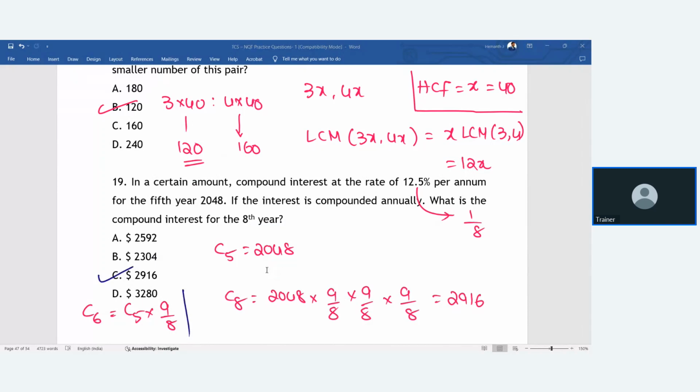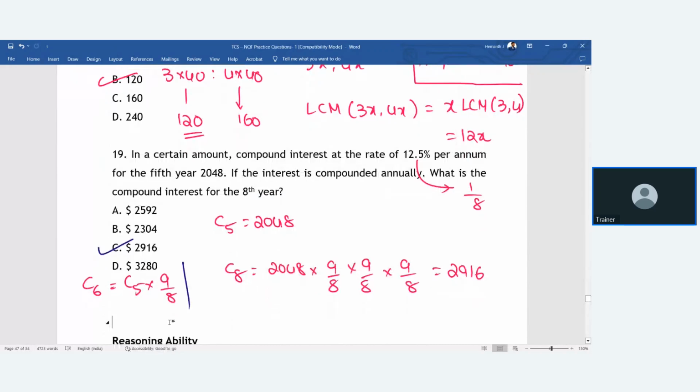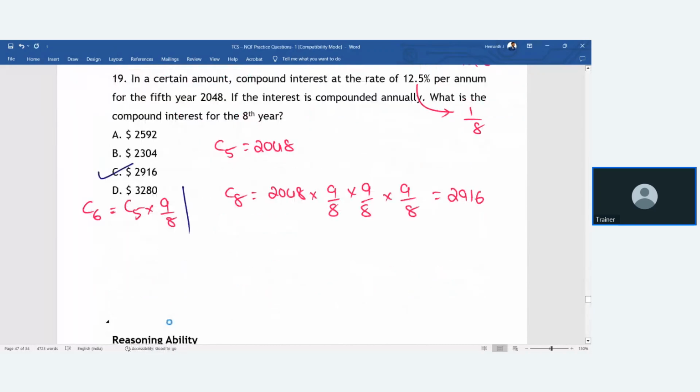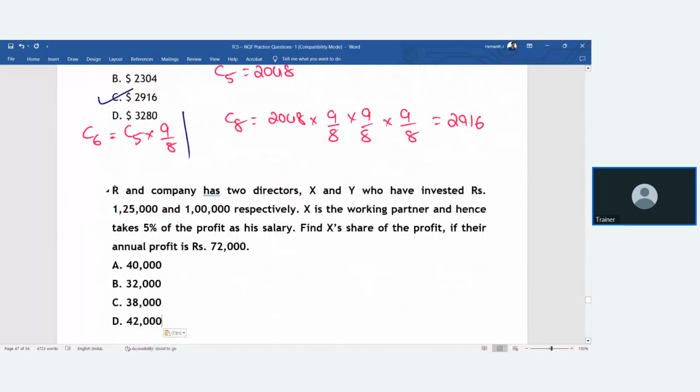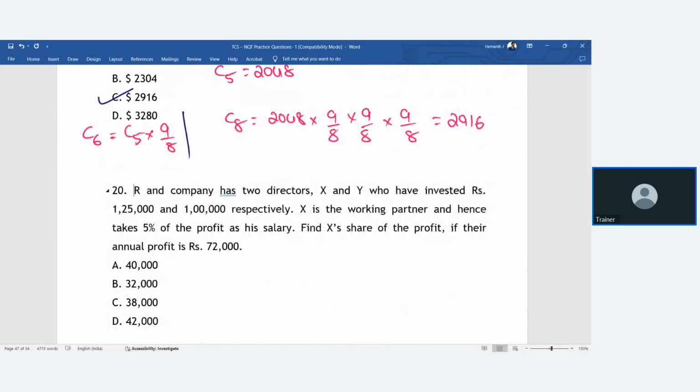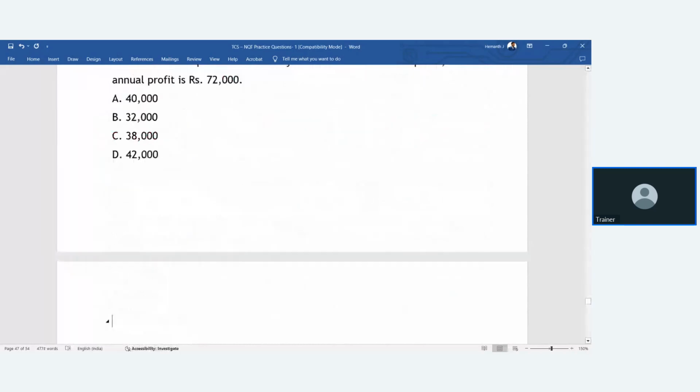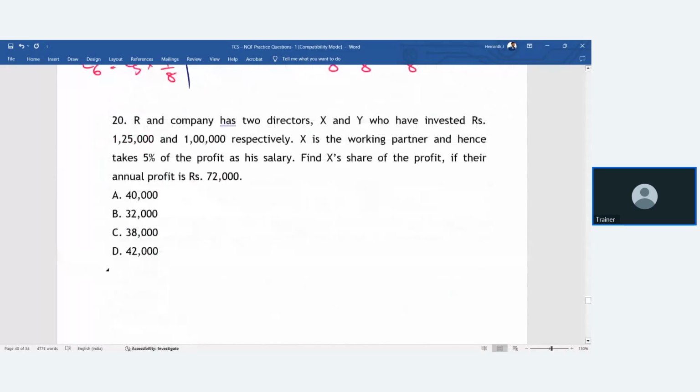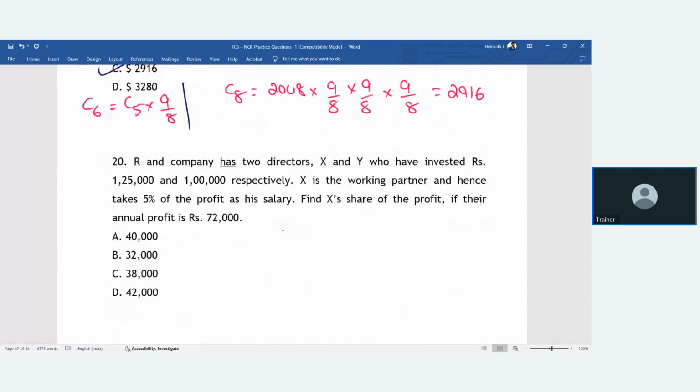Right? Okay, now at least one question related to partnership, like working partner and so on. Reasoning, we are not discussing today. It's all about only quant. Now the partnership concept: investment into timing. Timing not given means it's only about investment. A company has two directors, X and Y. How they'll get profits depends on their investments.